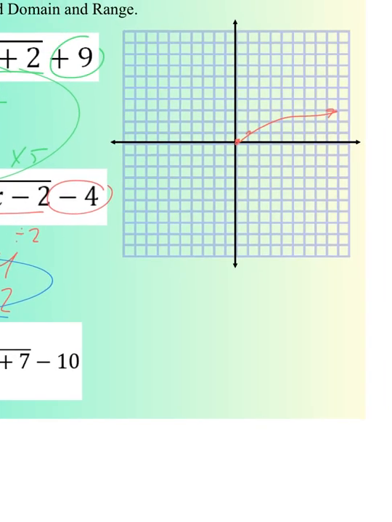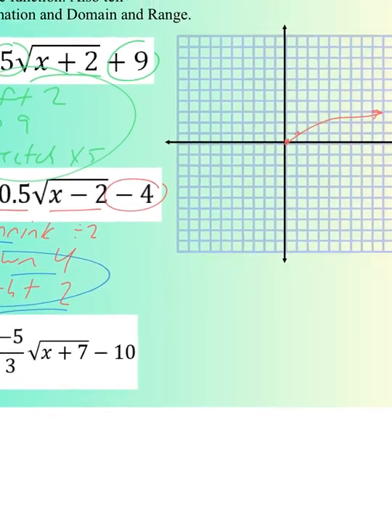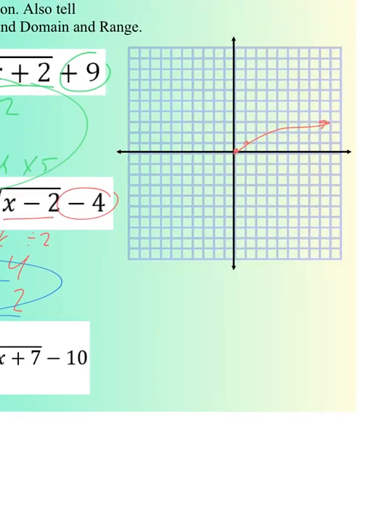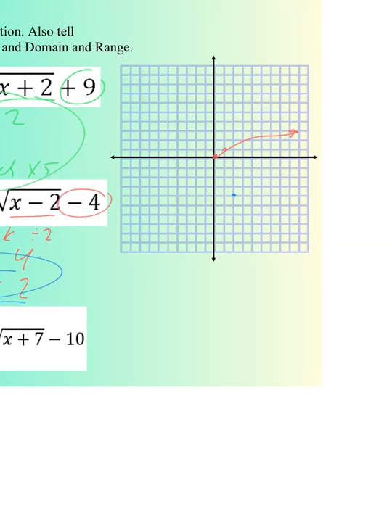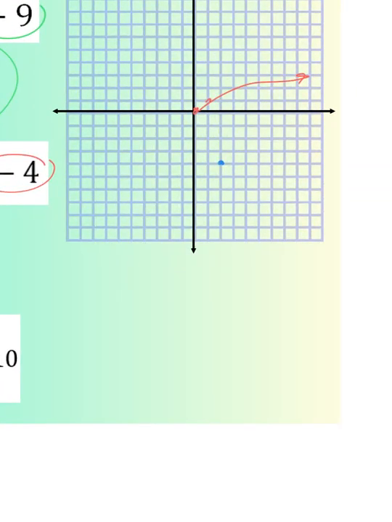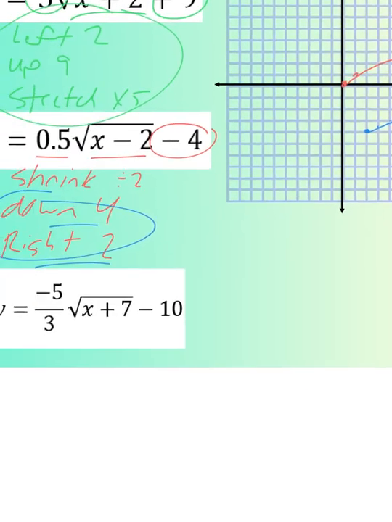And that's where that first point will be, right 2 and down 4. So it should start here. And then I could even use the fact that it's a shrink of a half to know all the points will be half as tall as they were. So this one will be a half. Okay, and this one will be at 1. And this one will be at 9. 3 would be at not over 9, but up a half, or 1.5. Okay, so it'll be a little flatter than would the parent function.